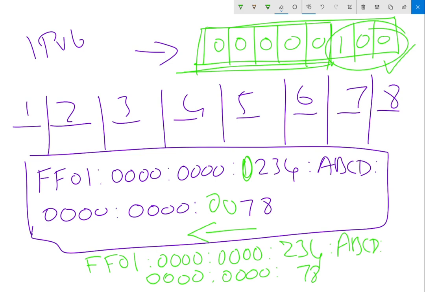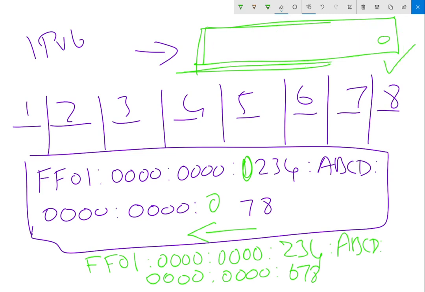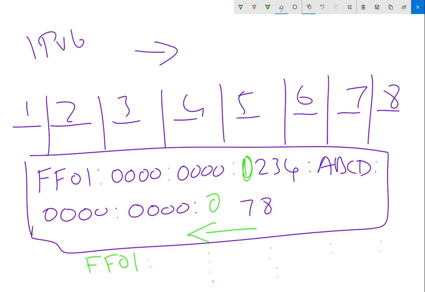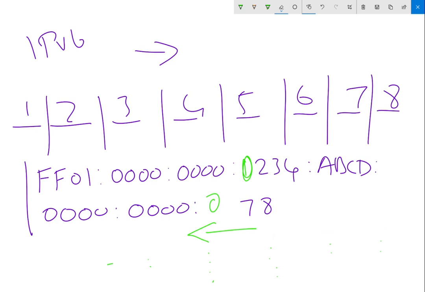And the third one, there are 3 rules, okay. The third one we will come to is the consecutive zeros we have. The point here is, when you have successive zeros, you can just represent them with a double colon, okay.